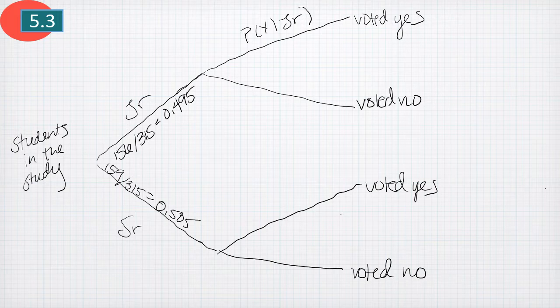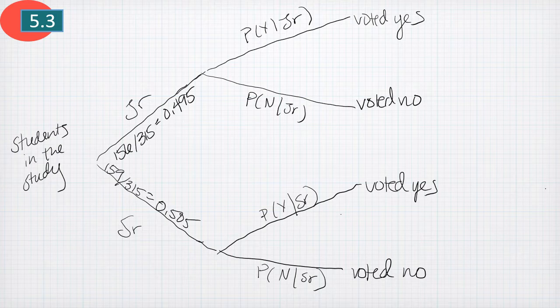Okay, and this one that I'm looking at here is really the probability that someone voted no, given that they were a junior. Over here, I'm looking at what is the probability that someone voted yes, given that they were a senior. Here, I'm looking at what's the probability that someone voted no, given that they were a senior. So it's always given the first branch.